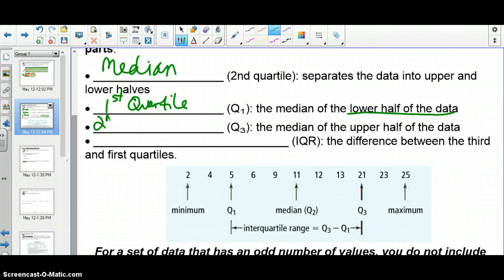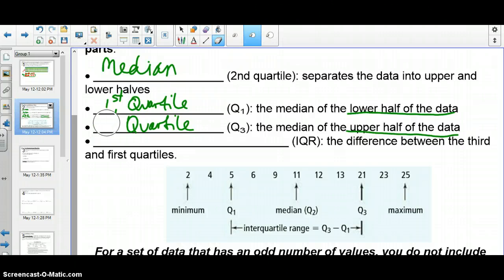Quartile 2, or the second quartile, is the median of the upper half of the data. Oh gosh, I wrote second here, sorry. That should be third.